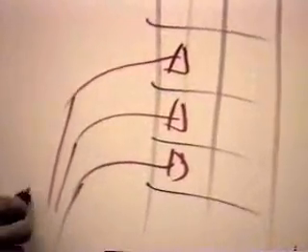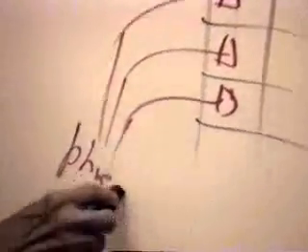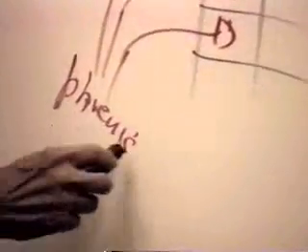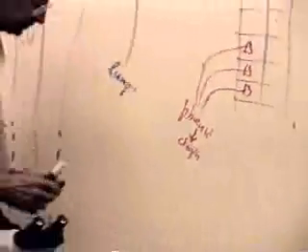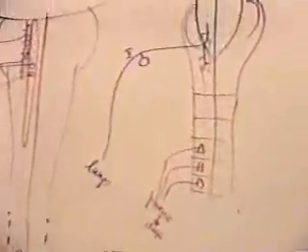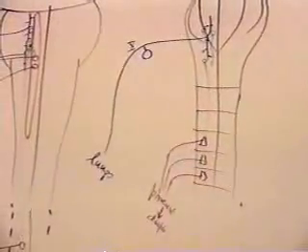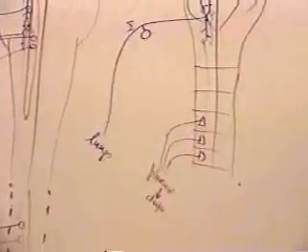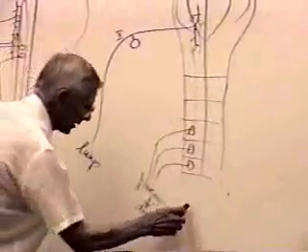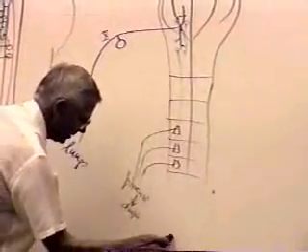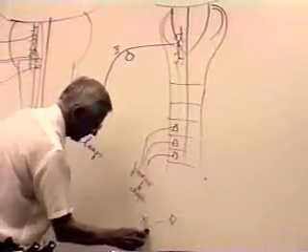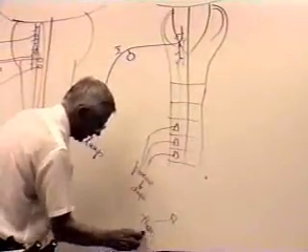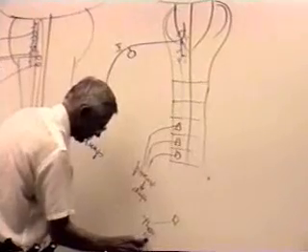Make a phrenic nerve. And a diaphragm. And lower muscles down in here to thoracic intercostal muscle.